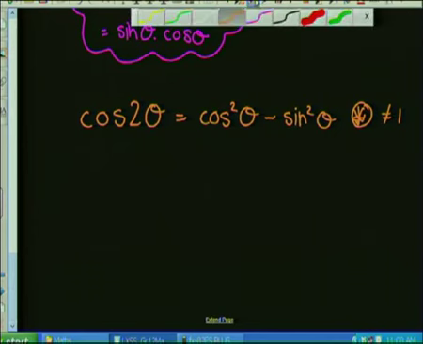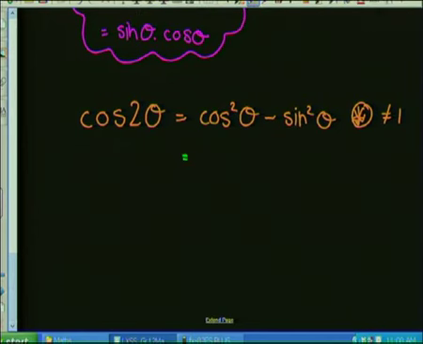What is not given on the formula sheet is that this is, of course, the difference of 2 squares, which can be simplified to cos theta minus sine theta multiplied by cos theta plus sine theta.